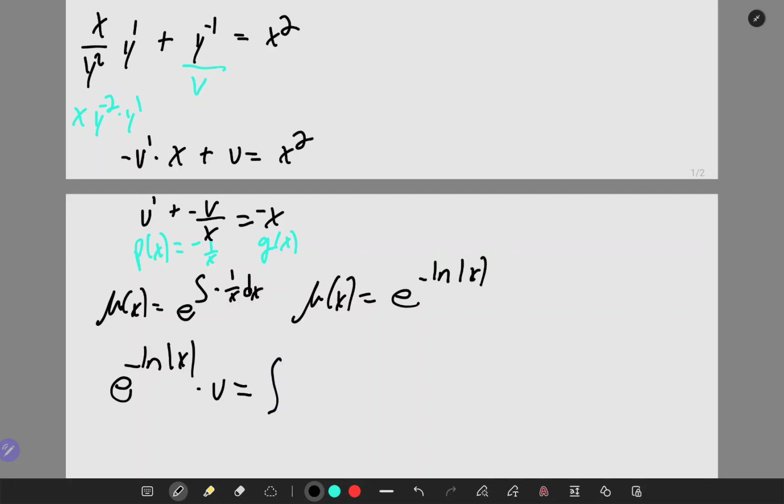Also, I just noticed the mistake I made up here. So we're going to have a negative in here, negative x, e to the natural log of x, right?